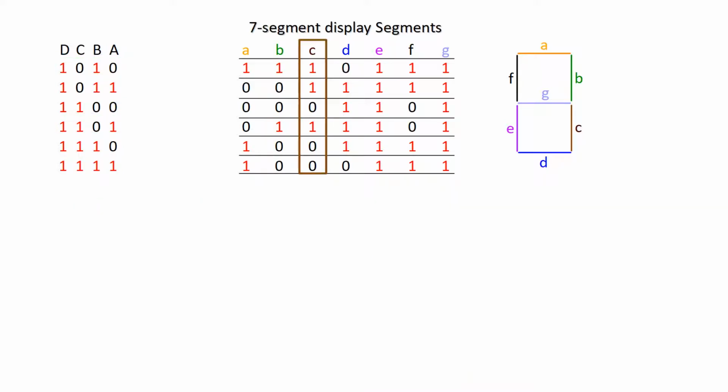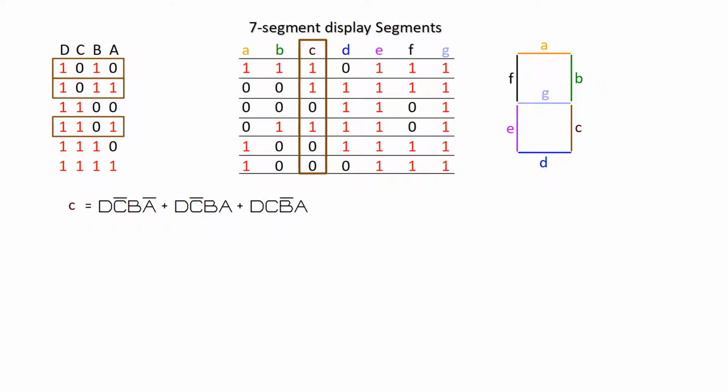For segment C, it's high for three different states, and they are D not C, B not A, or D and not C and B and A, or DC not B A. Look for some similarities and differences. So we've got D not C B as a common factor in the first two terms.